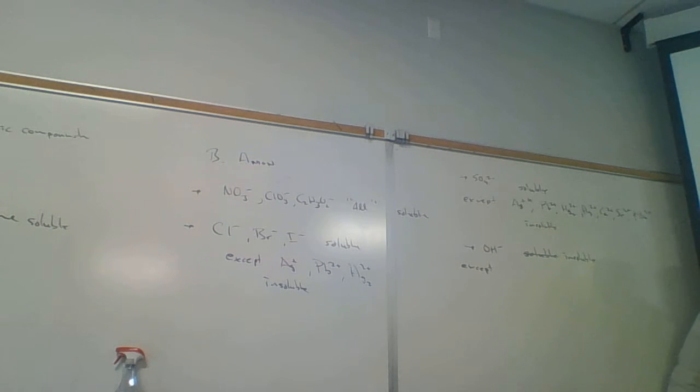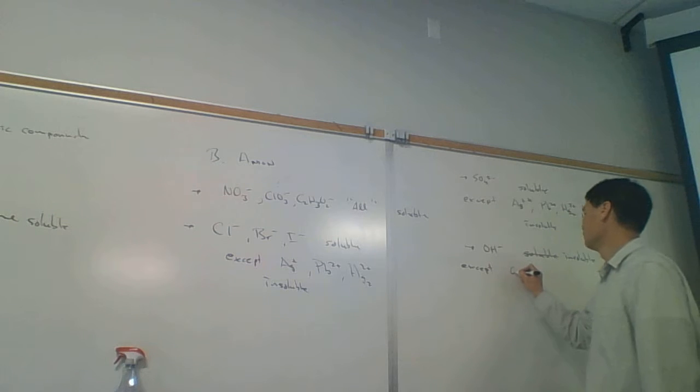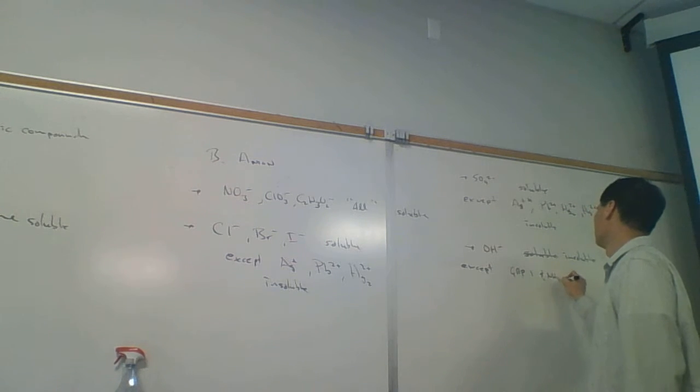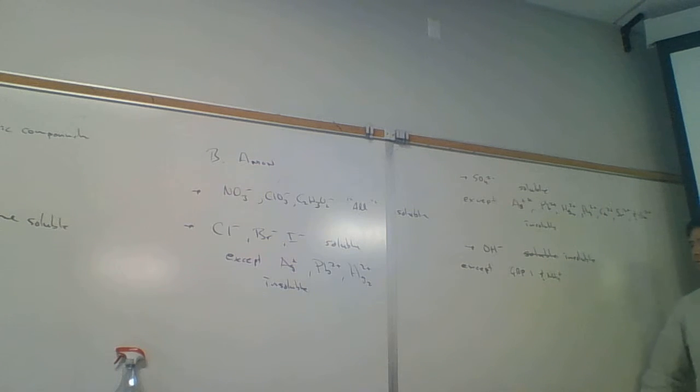And so we're going to shift. Most hydroxides turn out to be insoluble, except there are some that are, like for example, group 1 and ammonium hydroxides, which are all soluble. And calcium, strontium, and barium hydroxides are soluble. So these ones are the exceptions. These are soluble hydroxides, but for the most part, most hydroxides are insoluble.